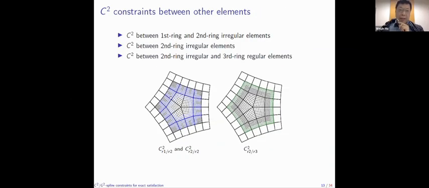In addition, along all these edges between the patches in the secondary ring, and also along the edges between the secondary and the regular patches, all are C2 constraints. So we need to develop all the constraints for maintaining C2 or G2 continuity conditions.